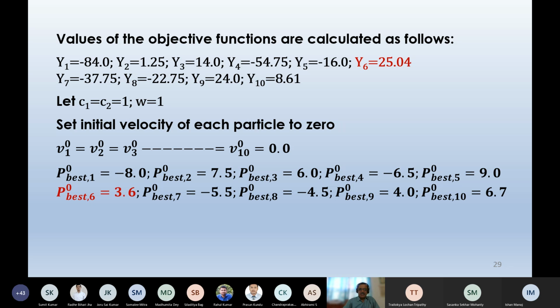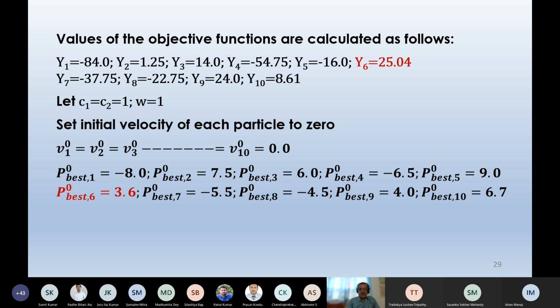Now, this is a maximization problem. So if you compare the values of the objective function for these 10 solutions, y1, y2, y3 up to y10, you'll find that y6 is the maximum, that is 25.04. So 25.04 is the maximum out of these 10 y values.